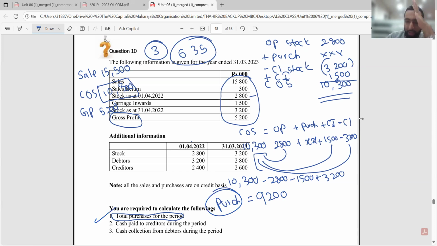Did you understand, children? Please confirm in the chat box. If you didn't understand, tell me, I'll explain again. Very simple, very straightforward. Ziana, looks like Ziana is missing. No sound from Ziana. Ashini has understood this. Very good.